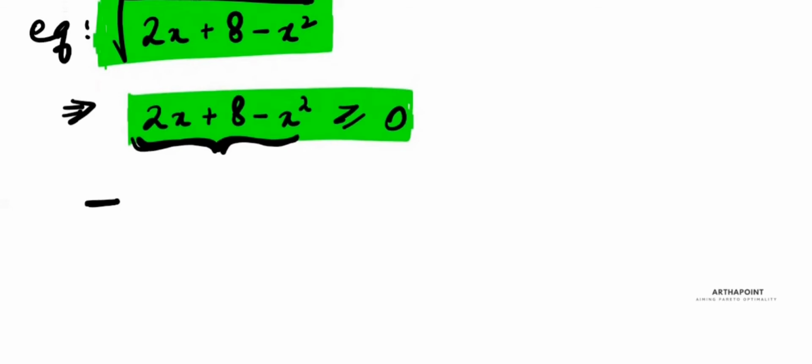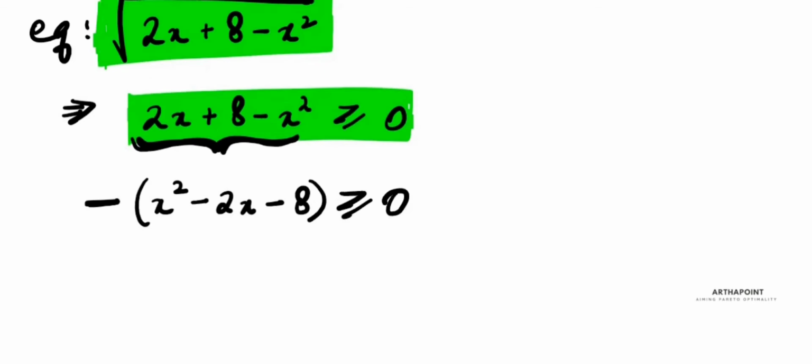Okay, so let's see this and then I'll go back to the first equation again. So I'm going to take minus sign common and I'm going to get x square minus 2x minus 8 greater than or equal to 0. Now please see what I'm doing. Very, very important.